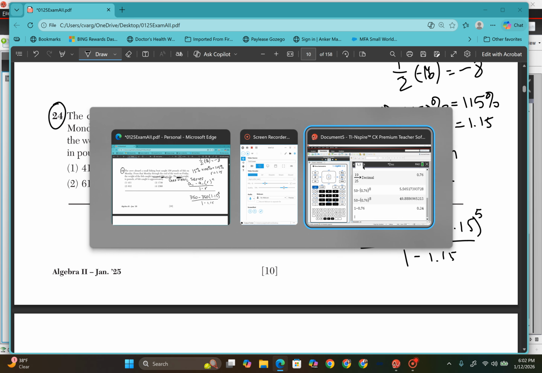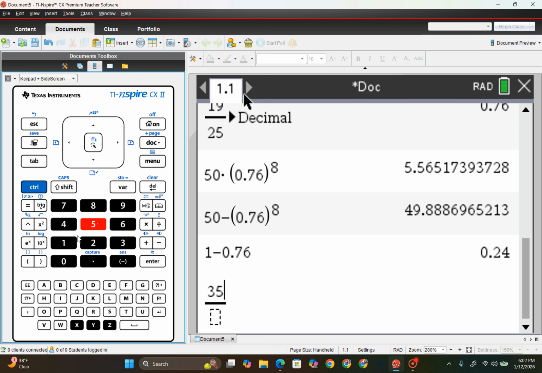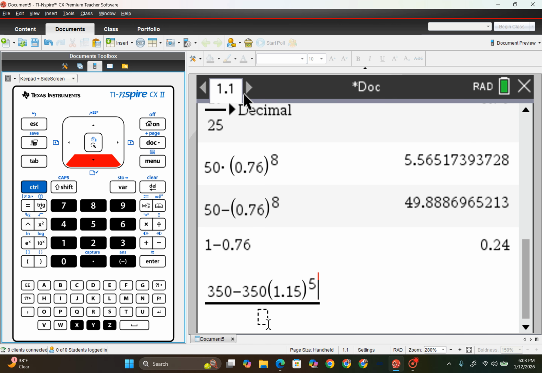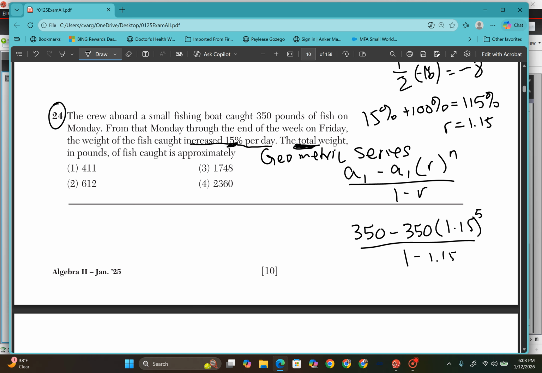Okay. 350 minus 350 times 1.15 to the 5th all over 1 minus 1.15. Enter. So 2359, approximately 2360. Okay, this is not bad.